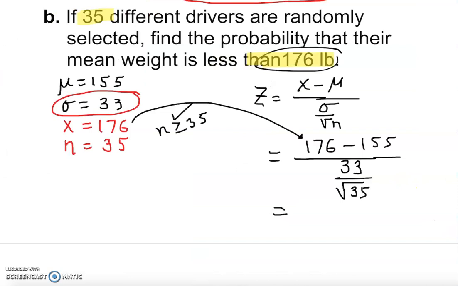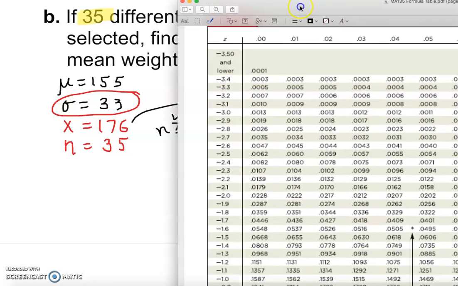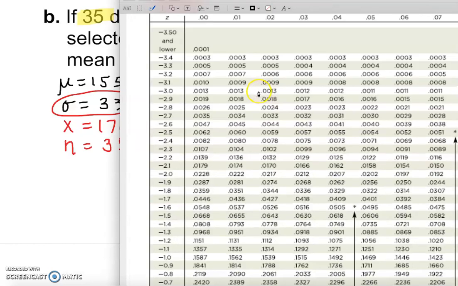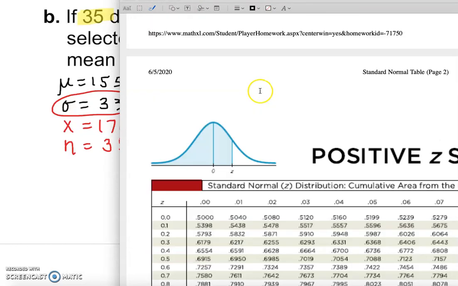So approximately 3.76. So we are finding the probability, so we must go to the z table. So 3.76, remember, is positive. So we go down here, 3.76.